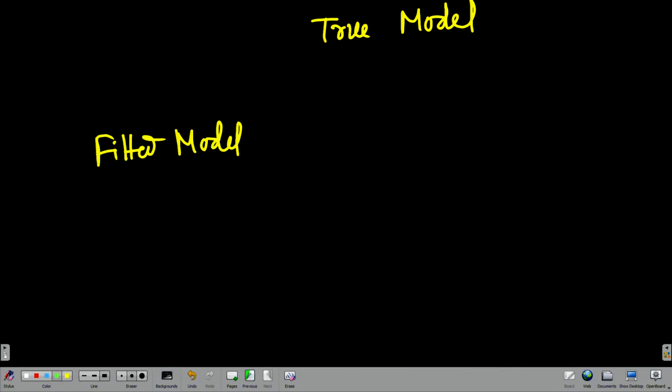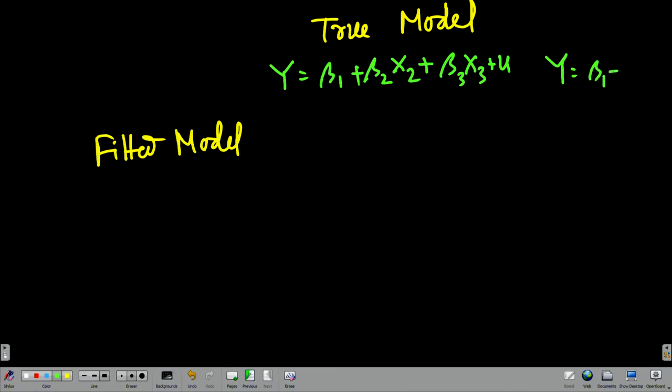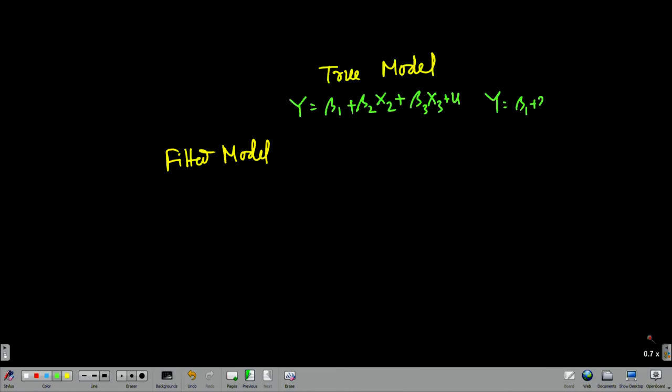Let's say the true model is y is equal to beta 1 plus beta 2 x2 plus beta 3 x3 plus some u. And in the second case, y is equal to beta 1 plus beta 2 x2 plus an error term.